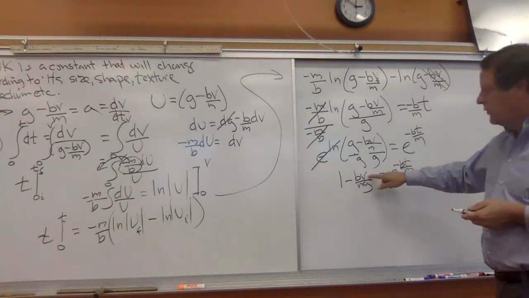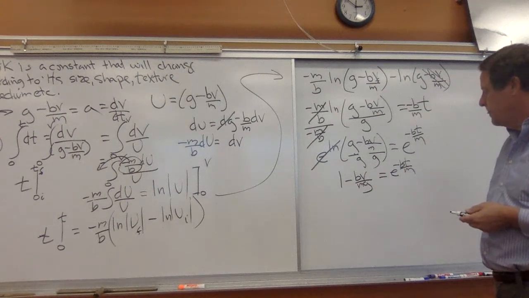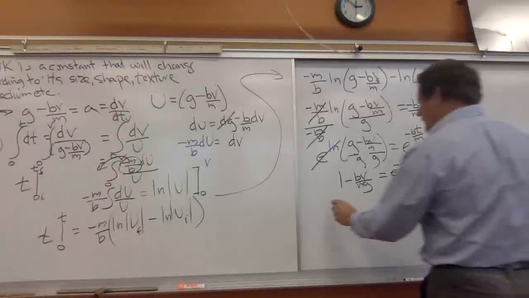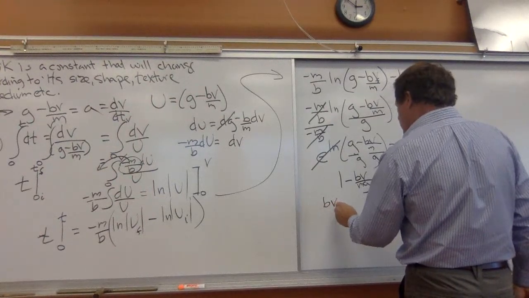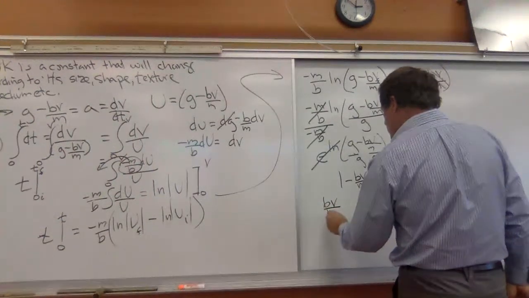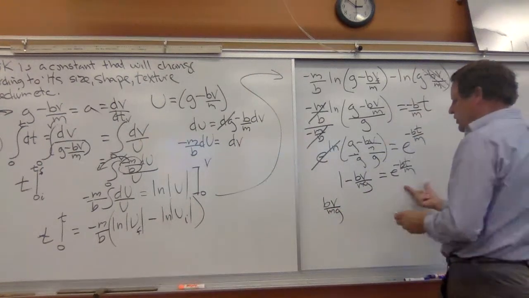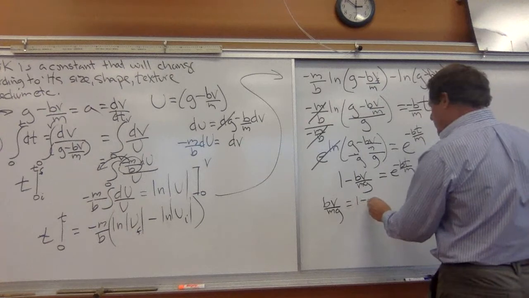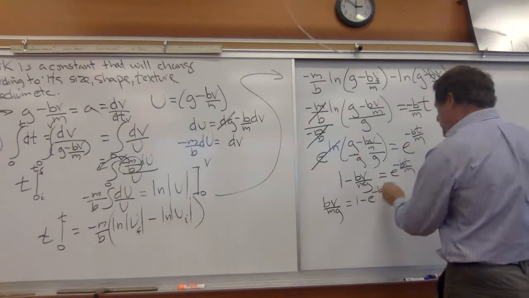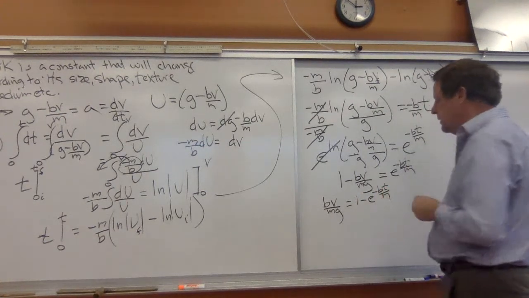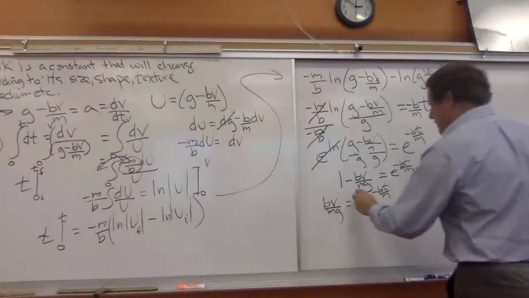Now what we want is to solve for v. So bv over mg is going to equal 1 minus e to the negative bt over m.